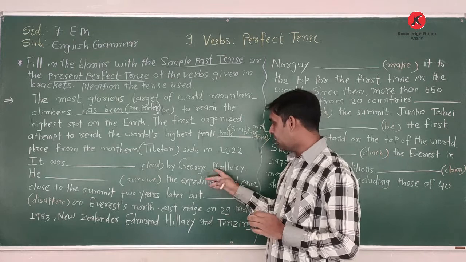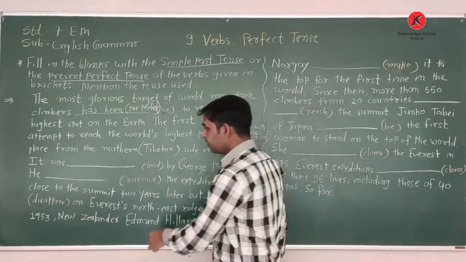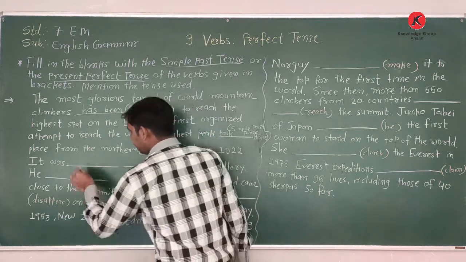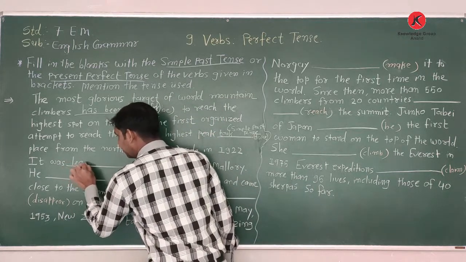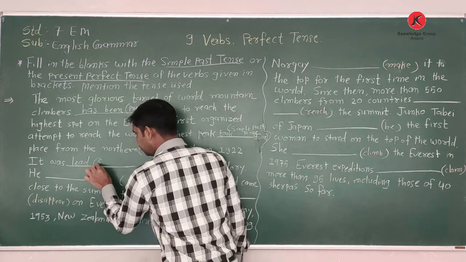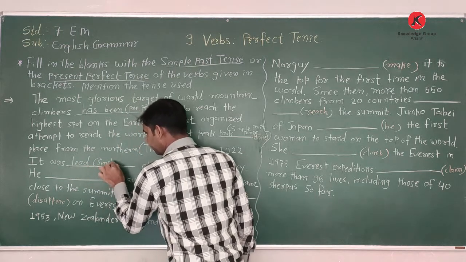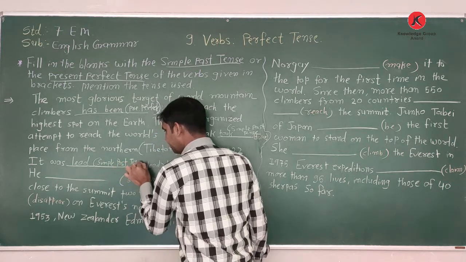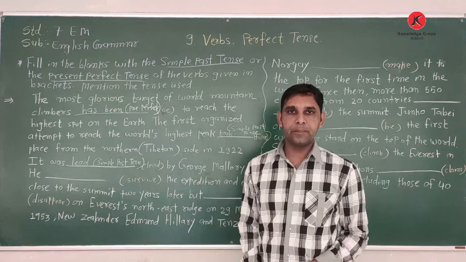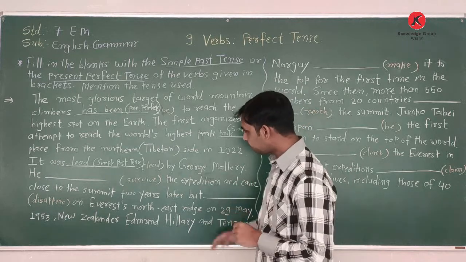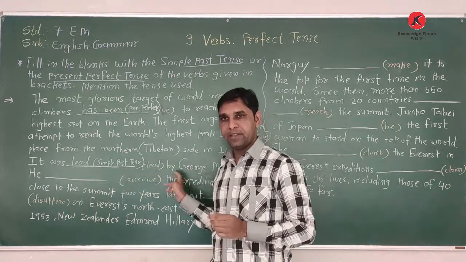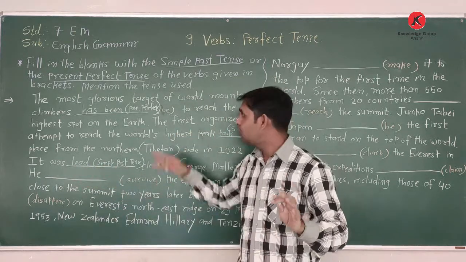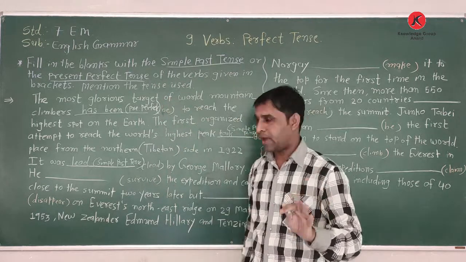Here was is used. So what is the answer? Led. So we write here led. And which tense is used? Simple past tense. It is given in the passive structure: was, then write the past participle. But the sentence talks about the simple past tense.